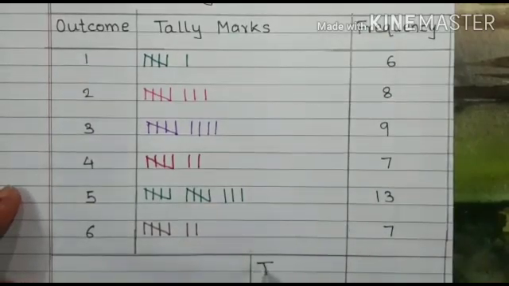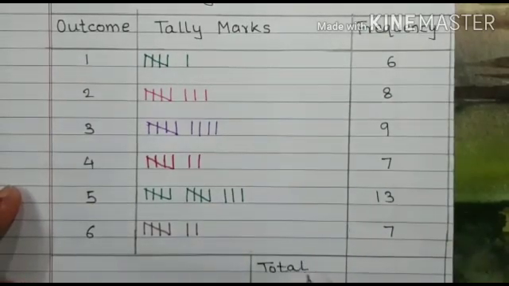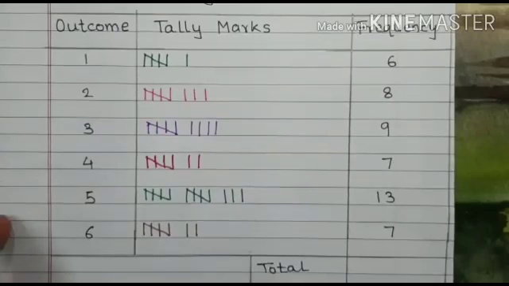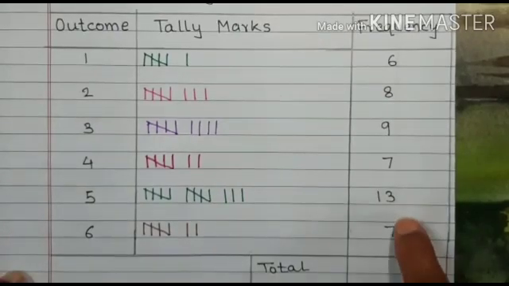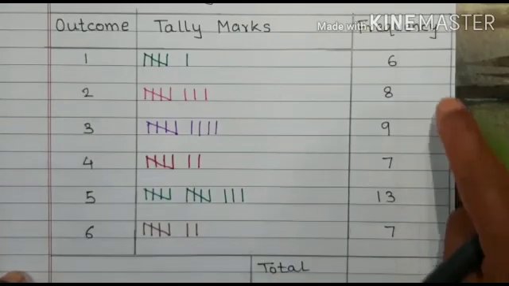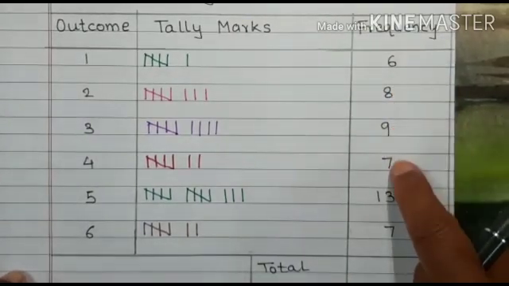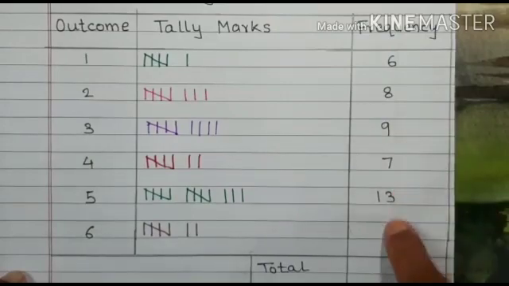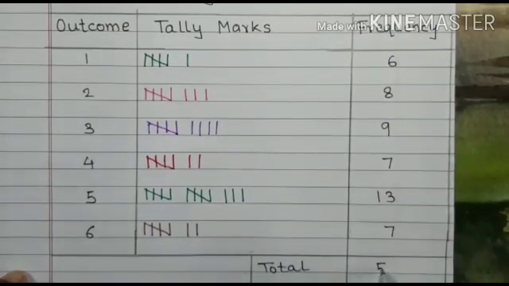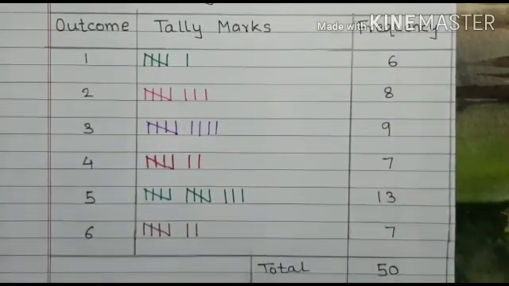You have to find out total of the frequencies, and the total of the frequencies is 13 plus 7 is 20, and the total of these numbers 6 plus 8 plus 9 plus 7 is 30. 30 and 20 it gives me 50.